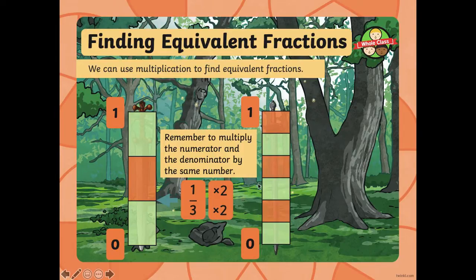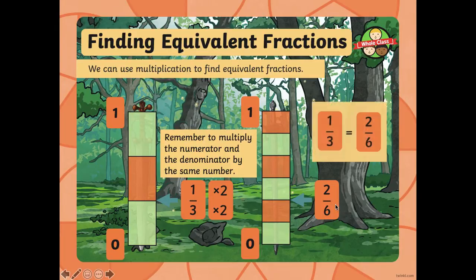So 2 over 6 is equivalent to 1 over 3, because you've timesed the top by 2 and the bottom by 2. If you times the top by 3 and the bottom by 3, you'll have another equivalent fraction. So the 2 over 6 is the same as, equivalent to, 1 over 3. It's equivalent, it's the same. See?